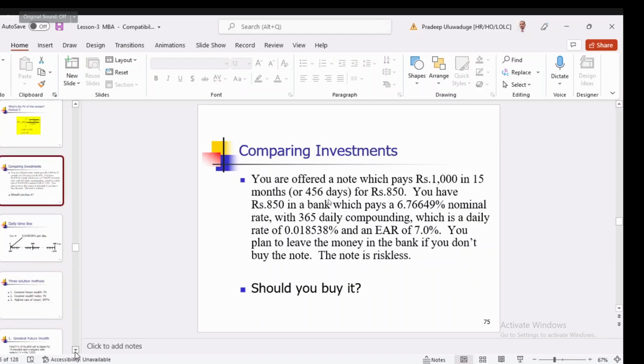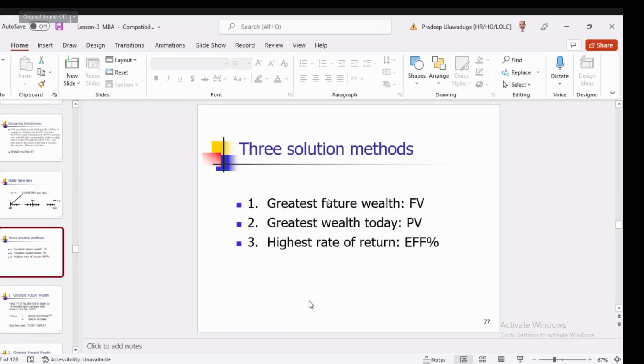We can handle it in three different ways. Since we are comparing two investments, we can compare the future values and choose the highest future value. Or else we can compare the present values and take the highest present value.